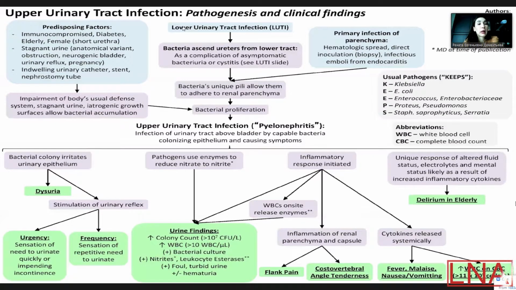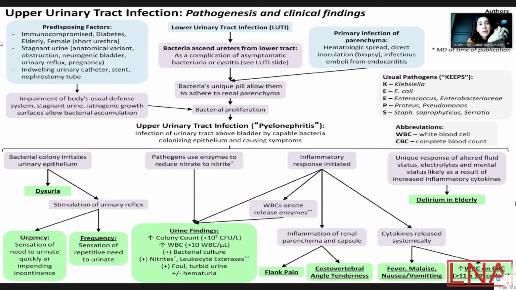Look at the primary predisposing factors which we discussed with you: immunocompromise by any connective tissue disorder or background disease, diabetes mellitus, elderly, female, short ureter as host factors, stagnant urine, anatomical variant, obstruction, neurogenic bladder, urinary reflux, pregnancy, indwelling urinary catheter, stent, and nephrostomy tube. These are predisposing factors, not all, but the main ones, which lead to the kidney being infected.